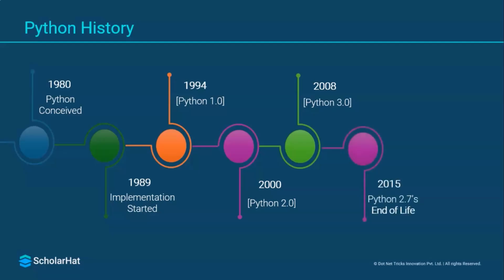Then in 2015, Python 2.7 was released, and the series saw the language evolve rapidly with regular updates and feature enhancements.